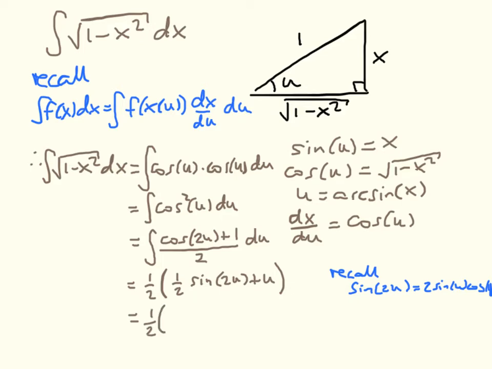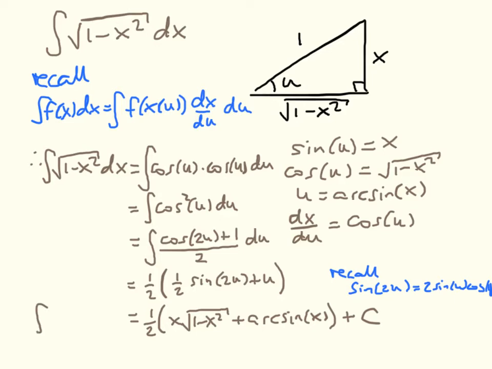Now a half sine 2u that we have here, the half and the 2 cancel, so we're left with sine u cos u. Sine u is x, cos u is the square root of 1 minus x squared. So we have x square root 1 minus x squared plus u, and u is arcsine of x, close brackets, and we can add an integration constant.